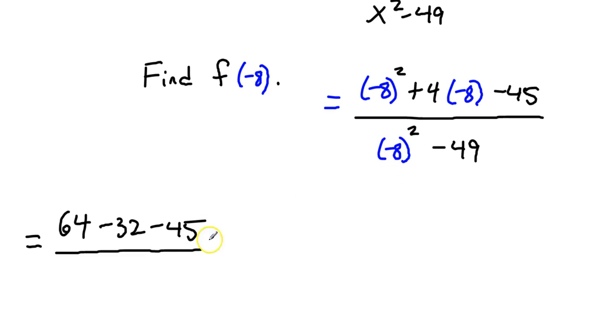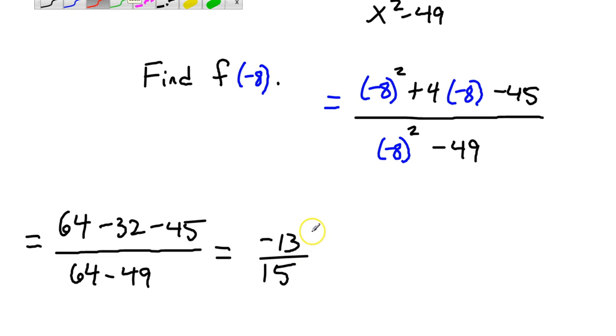On the bottom, negative 8 squared is 64 minus 49. So bottom part, that's a 15. Top part, that is 32 minus 45, which is a negative 13. And again, that won't simplify. So for f of negative 8, that would be the final answer that we're looking for.